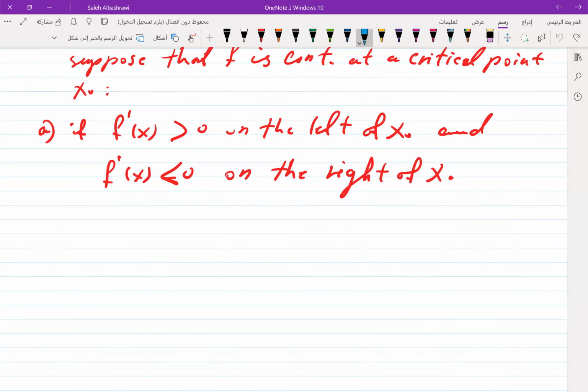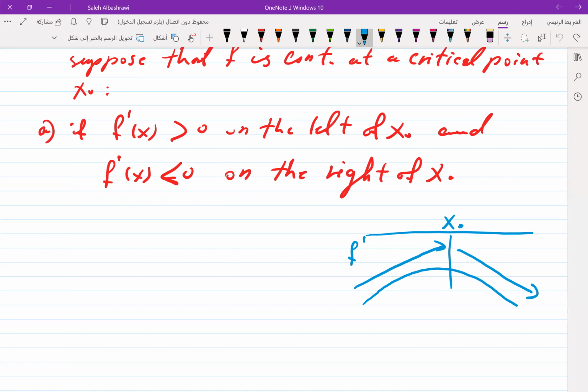It means I will have something like this: x0, and the derivative is greater than 0 on the left and less than 0 on the right. When the derivative is greater than 0, it is moving upward, it is increasing. And if it is less than 0, it is decreasing. So we'll have something like the peak of a mountain or a hill.